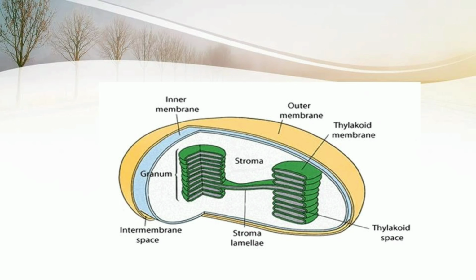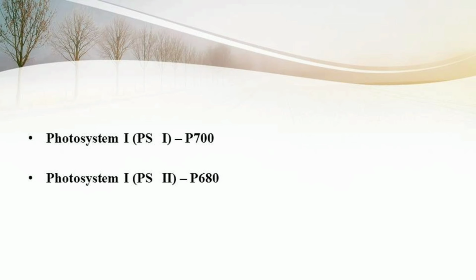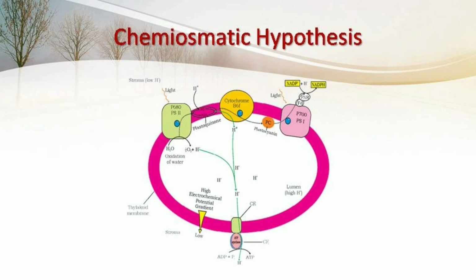We know that there are two photosystems, photosystem 1 and photosystem 2, and non-cyclic photophosphorylation starts with photosystem 2. Photosystem 2 absorbs light energy and loses 2 electrons.